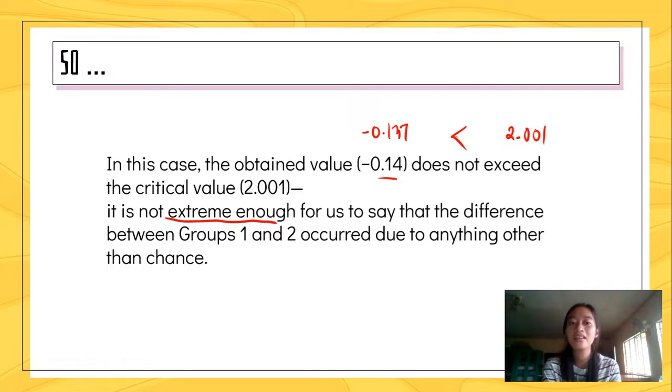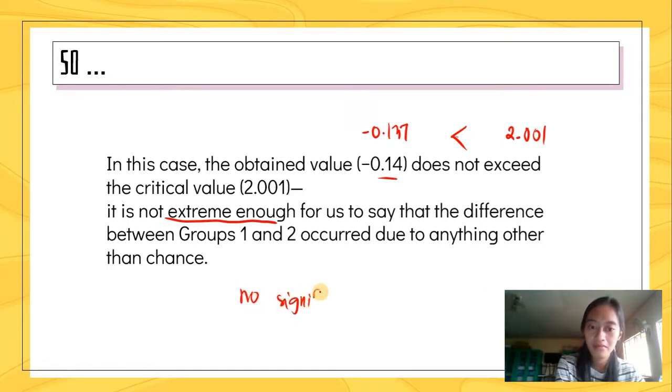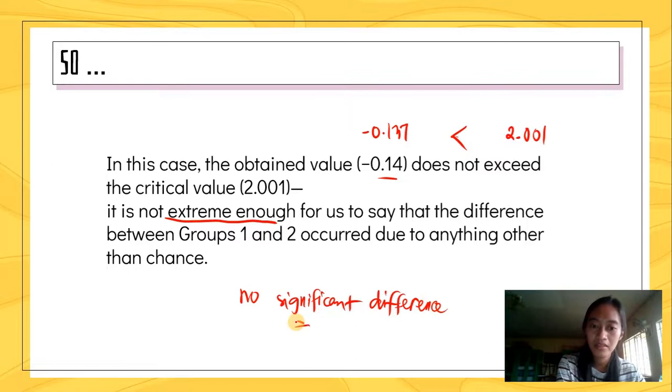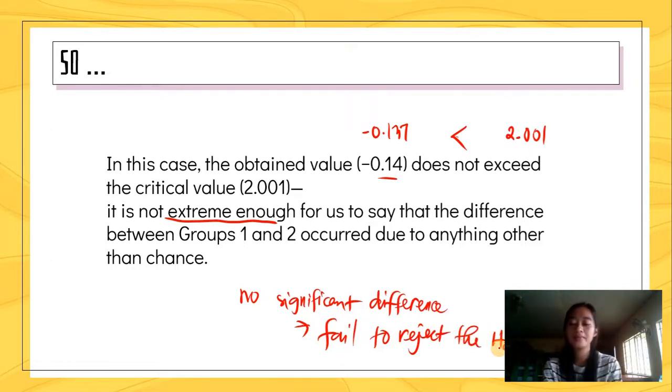So there is no significant difference. So we failed to reject the null. The judgment is fail to reject the null, H sub 0.